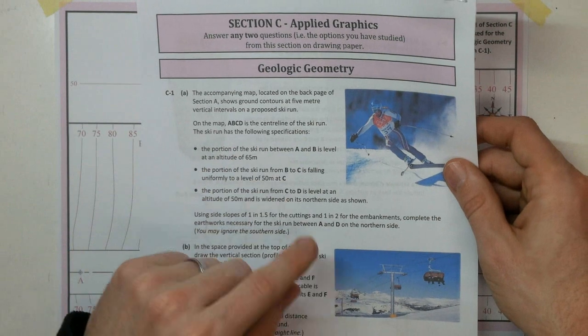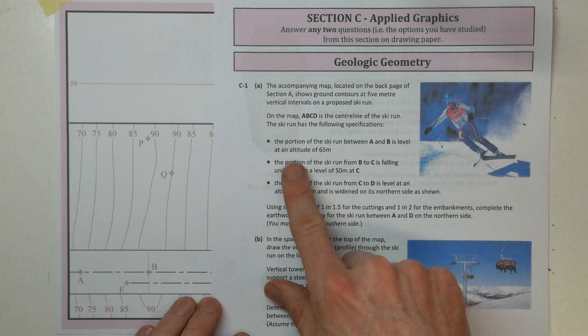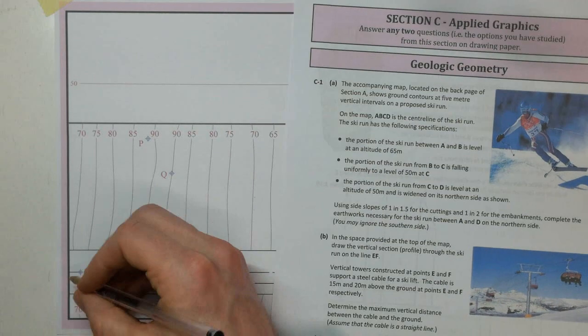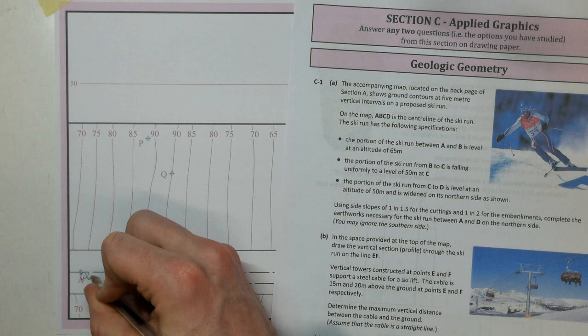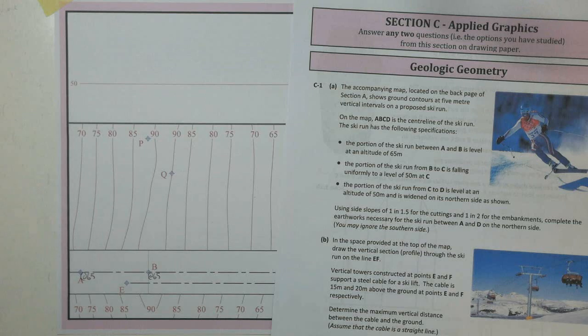The ski run has the following specifications. From A to B, it's level at an altitude of 65. So we're at 65 here, and we're at 65 here.